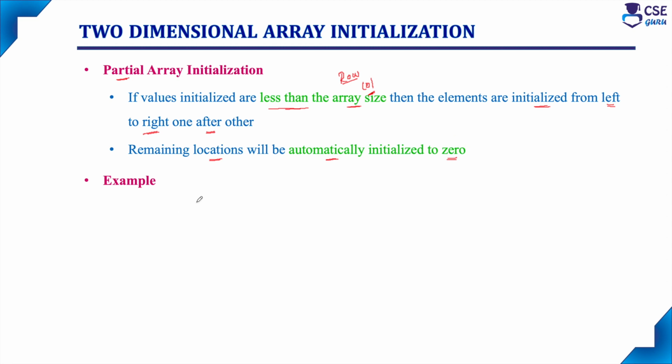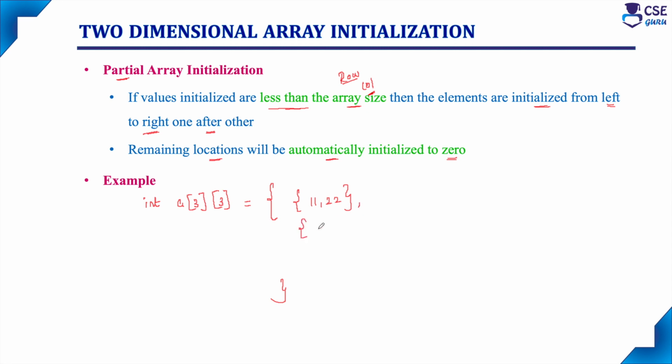For example, int a of 3, 3. Row size is 3 and column size is also 3. Within set brackets, we can specify 3 rows. For the first row, totally we need to specify 3 elements, but I will specify only 2 elements. The third element location will be left free.